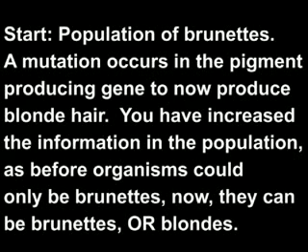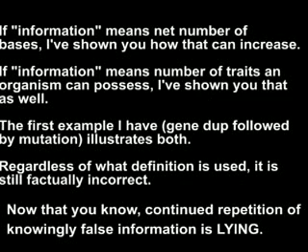Even if you are deleting part of the gene that codes for the pigment of hair, from one that makes brown pigment to one that makes no pigment or blonde pigment, even if it were a loss of information, it would still be a gain in information because you have an additional type of organism that can be formed. You can either have a brown-haired one or a blonde-haired one, whereas before you could only have brown-haired. This is new information as it's a new trait. Whether or not it comes from the net loss of information or a net gain, it's a complete misunderstanding of how DNA and genetics work in general.